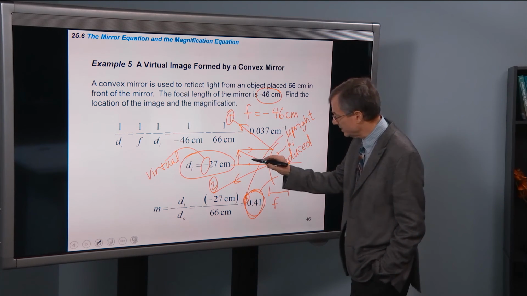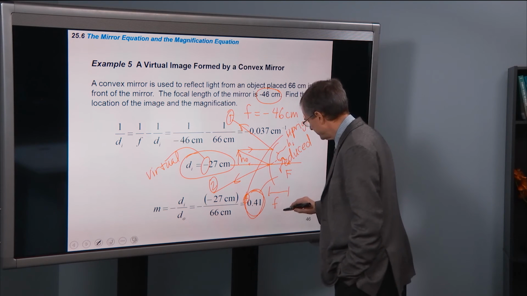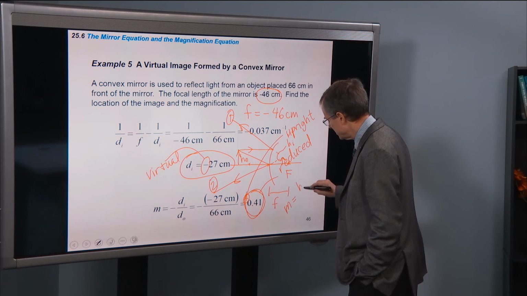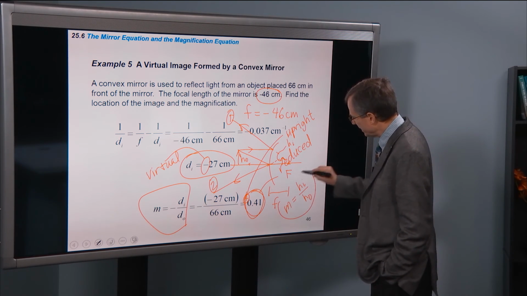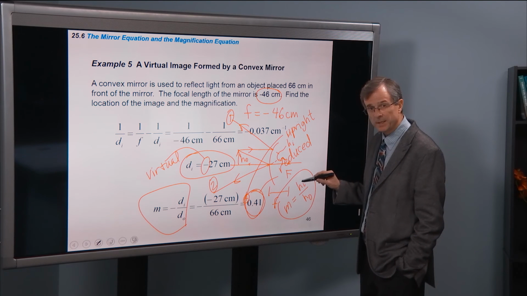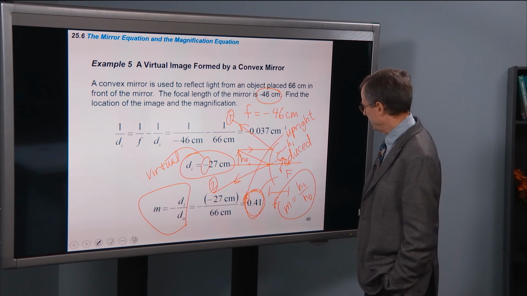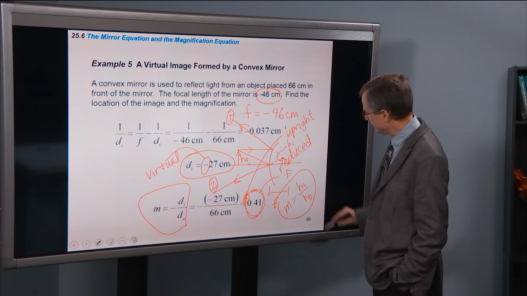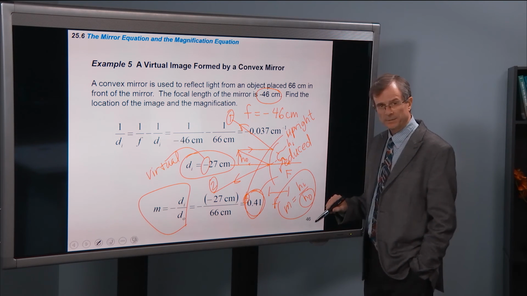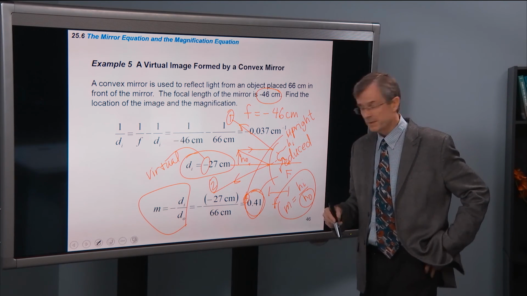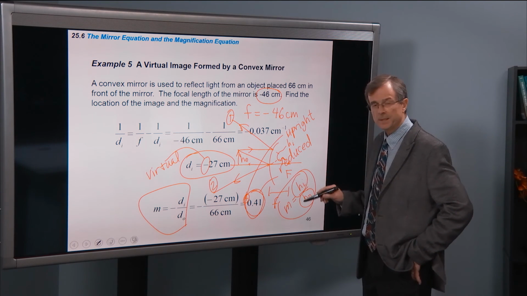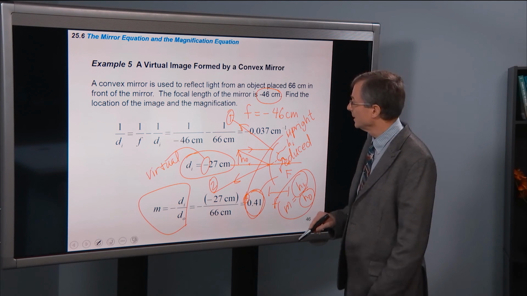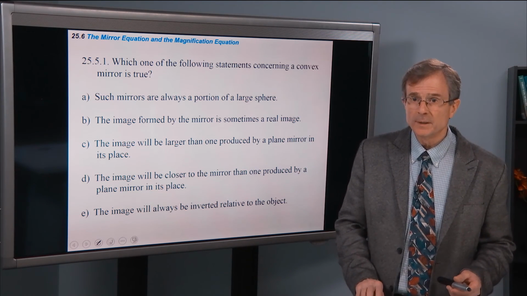Remember, the magnification is h_i over h naught, and it's also equal to this. In thinking about the definition of magnification, it's the height of the image over the height of the object. The magnification is positive, the object height, h naught, is a positive number, and therefore the height of the image must also be positive. That's everything to say about that one.